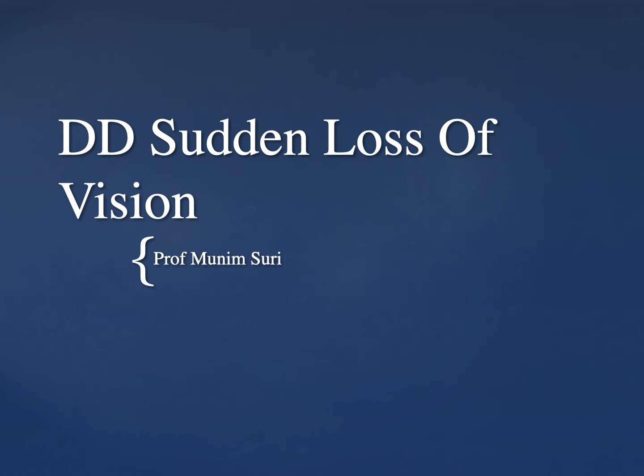Now we can give the differential diagnosis of sudden loss of vision in a tabulated form. First of all, history. In venous occlusion, there is a history of diabetes mellitus, hypertension, glaucoma, and the patients are of old age. In optic neuritis, the patients are young.